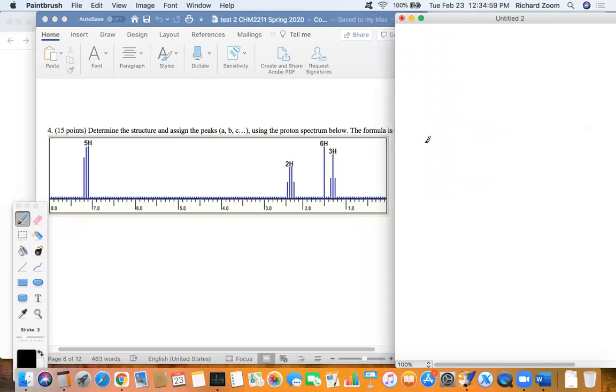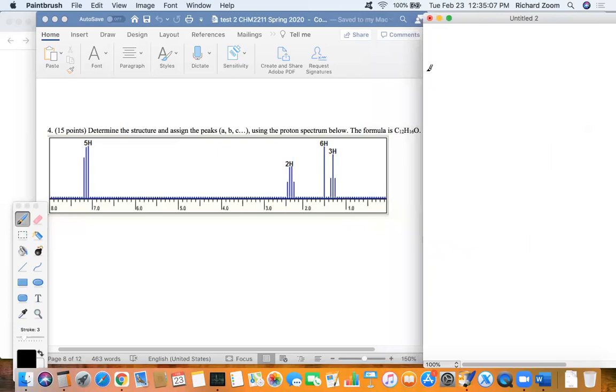So for something like this one, let's see what the formula is. C12H16O. Which means that it's going to be C12H16.